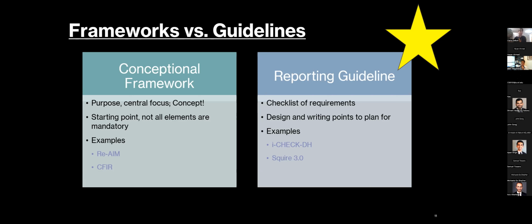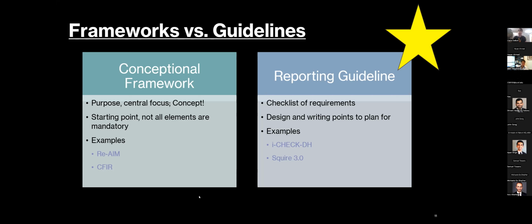With these, not all elements are mandatory. And again, we'll see some examples later on in the talk, but we're going to explore the culture. We're going to explore how implementation worked. Reporting guidelines, in contrast, are a discrete checklist of requirements.